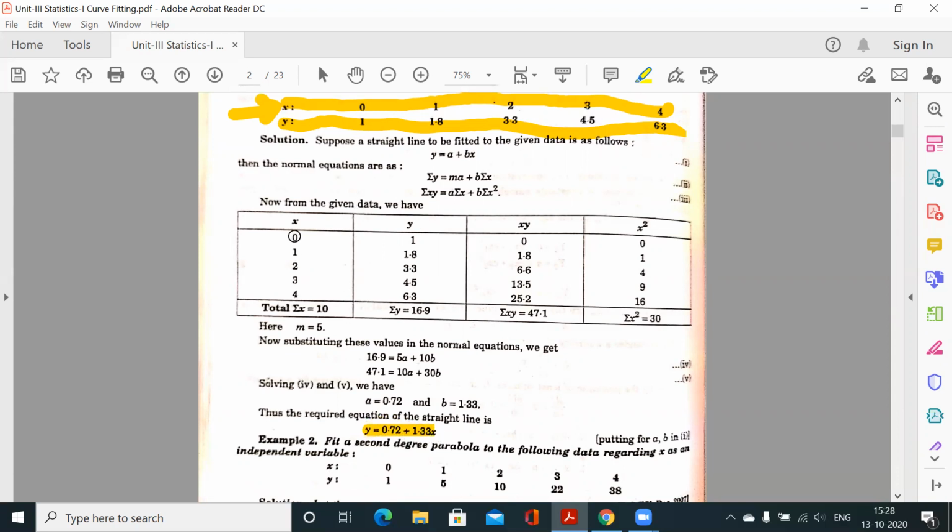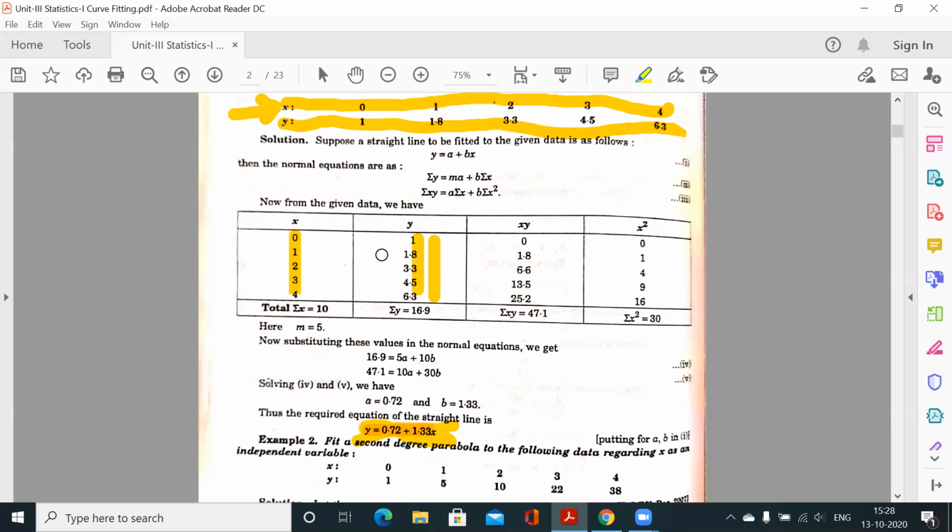So for these values of x, we get these values of y. Whenever we substitute 0, we get 0.72, it is not 1. When we substitute 1, it is 0.72 plus 1.33, which is around 2.5, I guess, but it is not exactly 2.5. So this is the approximate curve. Exactly we don't know what y is, but this will give the approximate values of y.